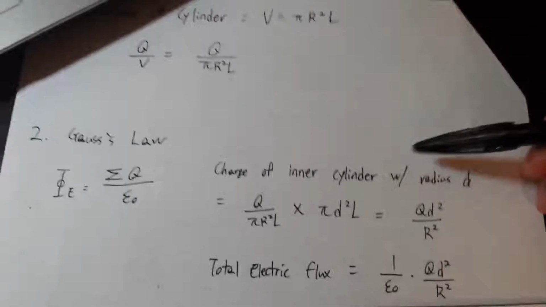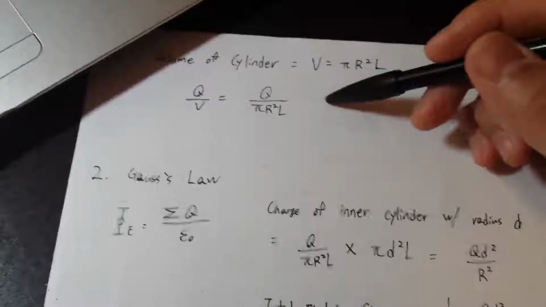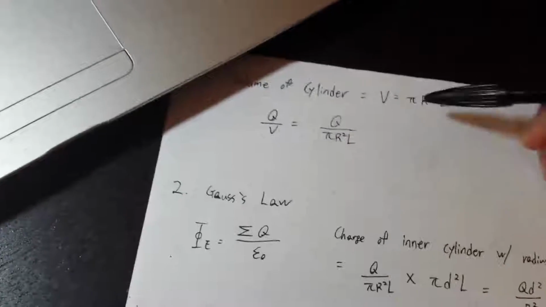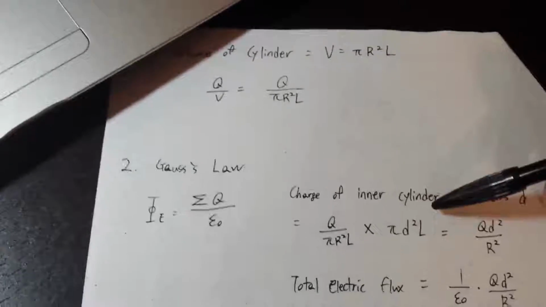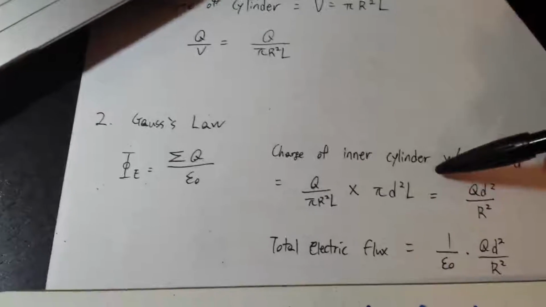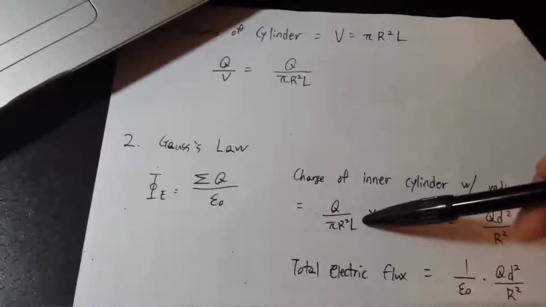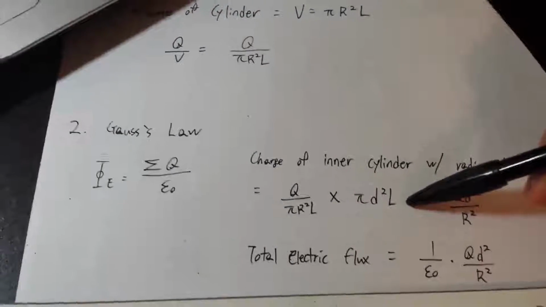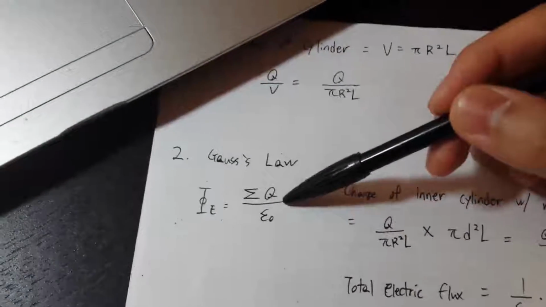For the charge of the inner cylinder with radius d, we use the density of the charge from the previous question, Q divided by pi r squared L. We multiply the volume of the inner cylinder, the imaginary Gaussian surface, times the density of the charge, Q over pi r squared L. This simplifies to Q times d squared over r squared, which corresponds to the total charge inside.